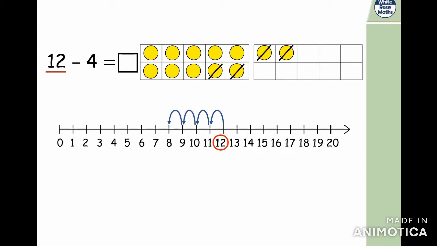I've crossed off 4 counters, because that's what we're subtracting, and I've jumped back 4 places on the number line. I've landed on number 8, and I have 8 yellow counters remaining. So my answer is 8. 12 subtract 4 is equal to 8. Is using a number line and jumping back one at a time the most efficient way? Let's have a look.